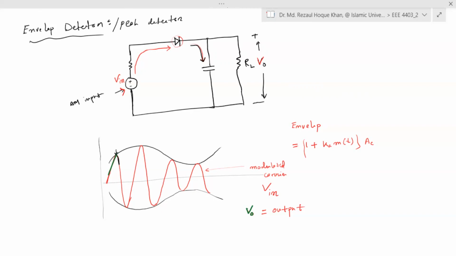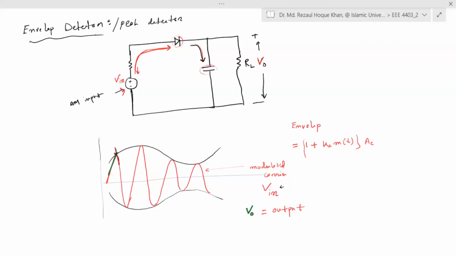And now V in is decreasing in value. When it's decreasing in value, what happened? This voltage is decreasing now, and it is lower. When it reaches this point, the diode was forward biased and the capacitor charged to its maximum, right? When V in is decreasing in value, what happened?